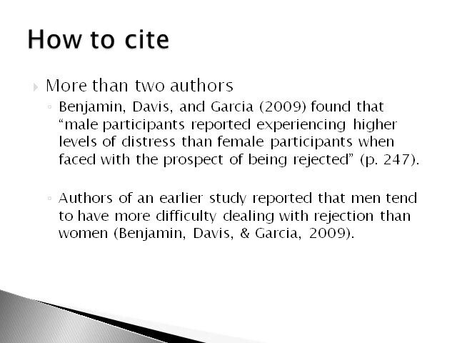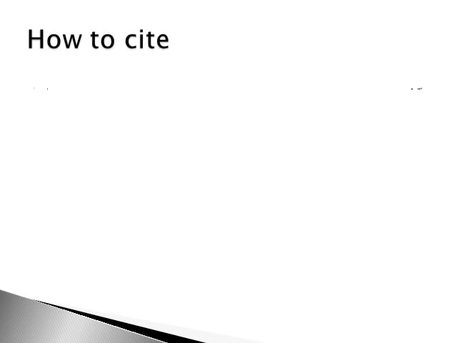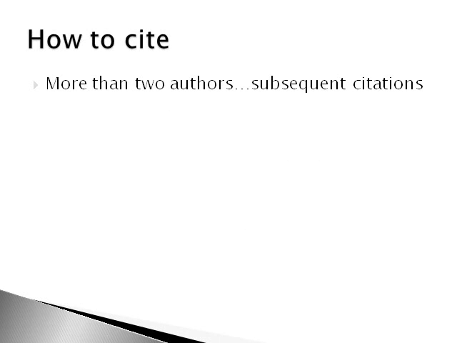Compare the two. We've got it a little different here, a paraphrase, and also with the citation in parentheses at the end. So again, the only difference being we have an ampersand instead of the and. Okay. So where it gets a little different from the other stuff is with subsequent citations.